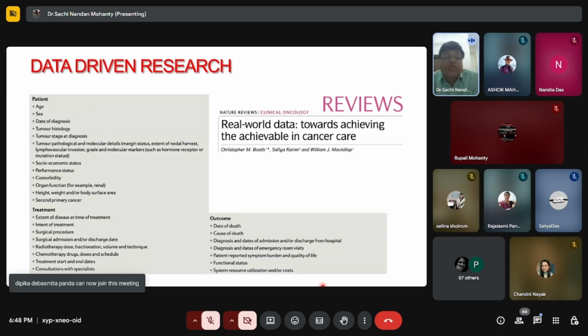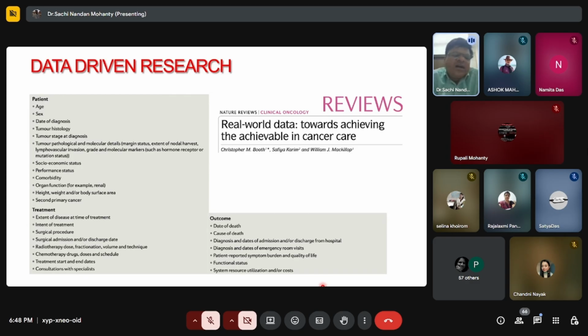Tumor histology means we can find the size of the tumor, the image, the color of the tumor, and whether the tumor is gradually increasing or not. All these things we have to find. Then socio-economic status, lifestyle, and family background. All the data should be collected.